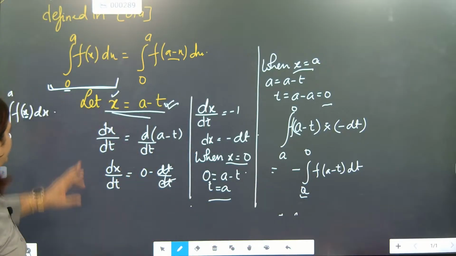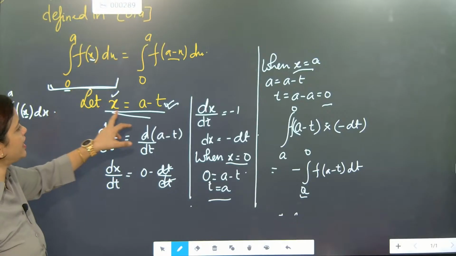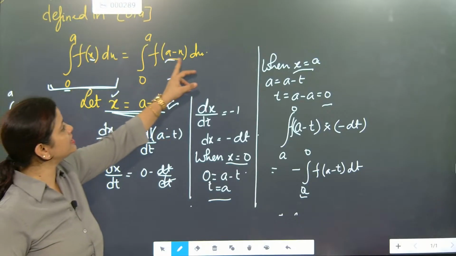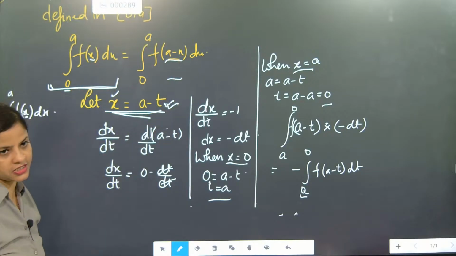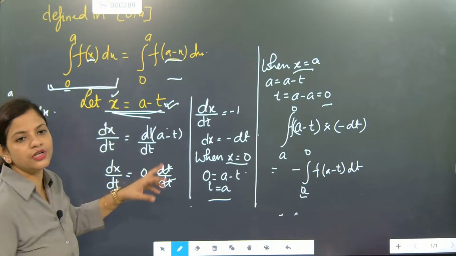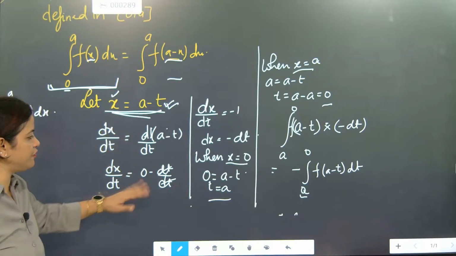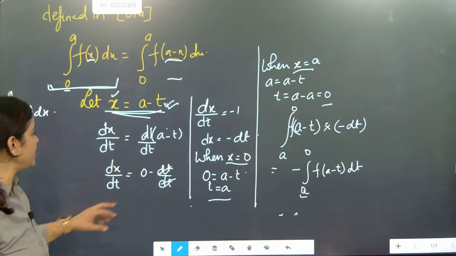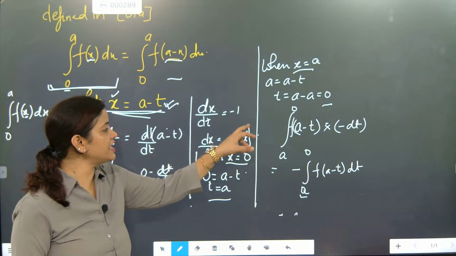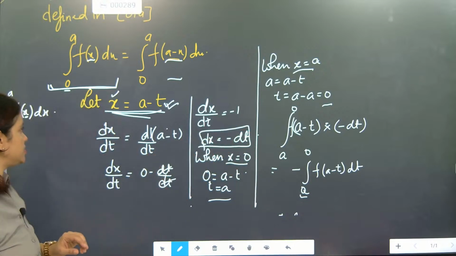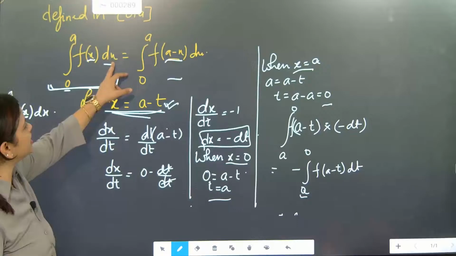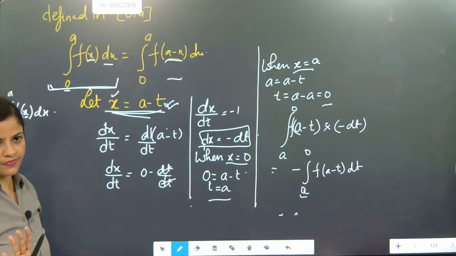See what I did. I took x is equal to a minus t because the right side is a minus x. So we assumed x is equal to a minus t. After that we differentiated. After differentiating, the dx value is coming as minus dt. Now instead of dx we can write dt.